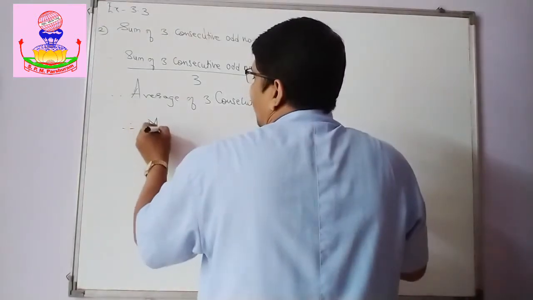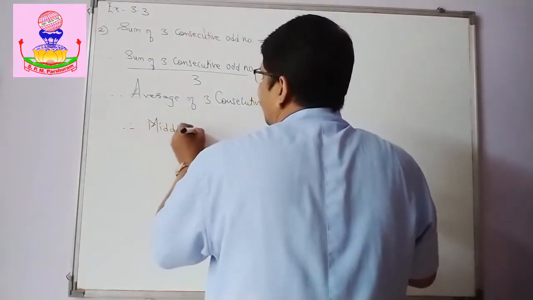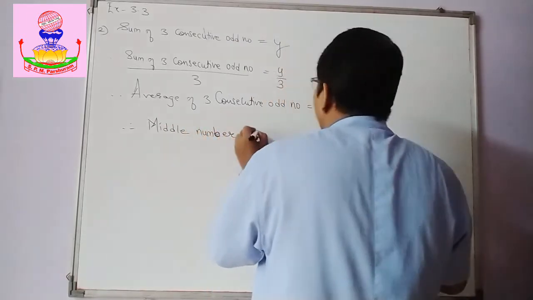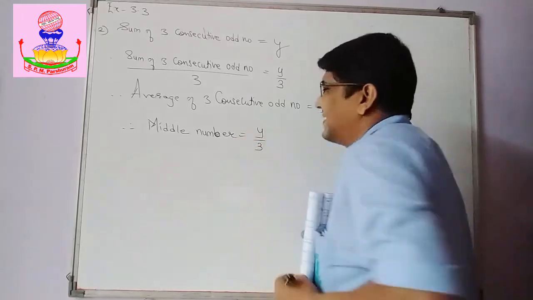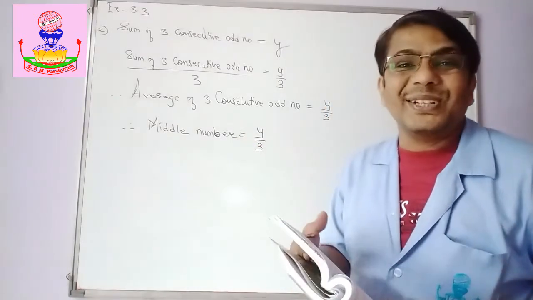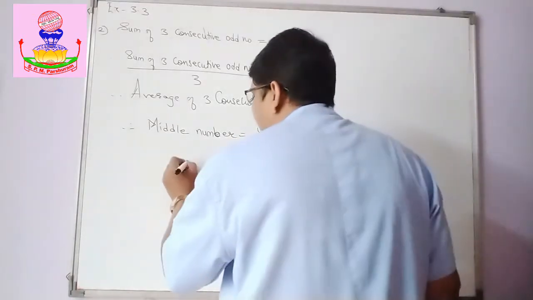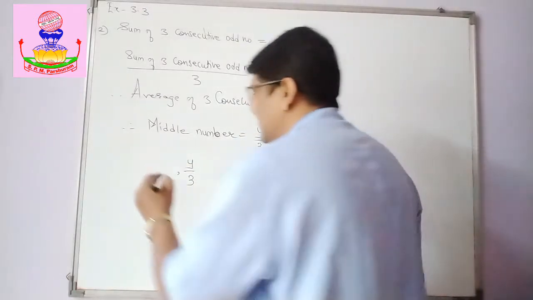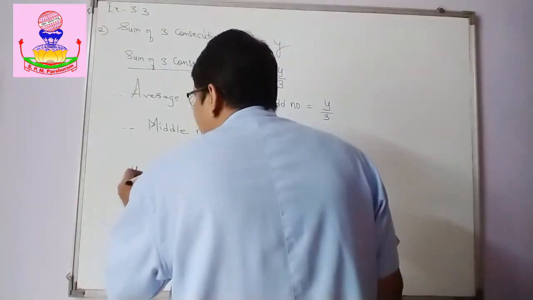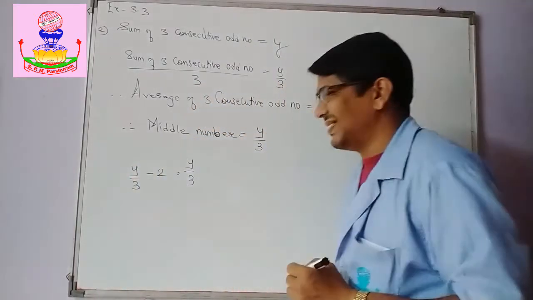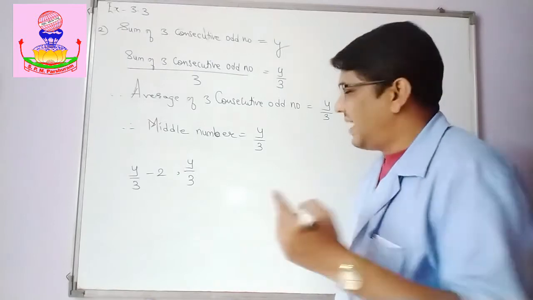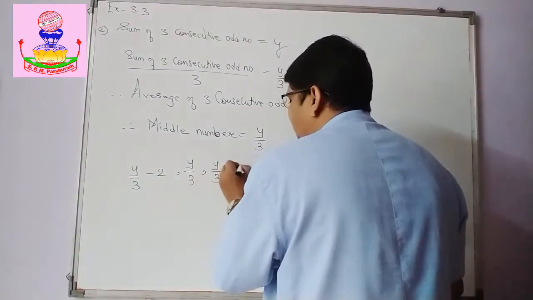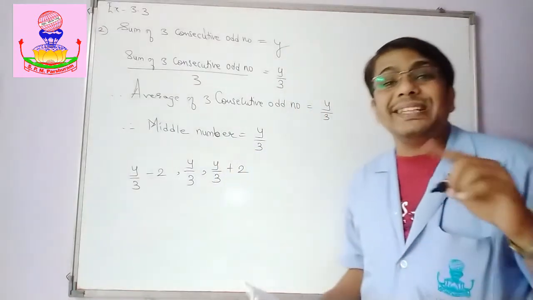So therefore, middle number is equal to what? Yes, y upon 3. Middle number is y upon 3. So this is y upon 3. Number before this minus 2. So y upon 3 minus 2. Am I right? And number after this, y upon 3 plus 2.